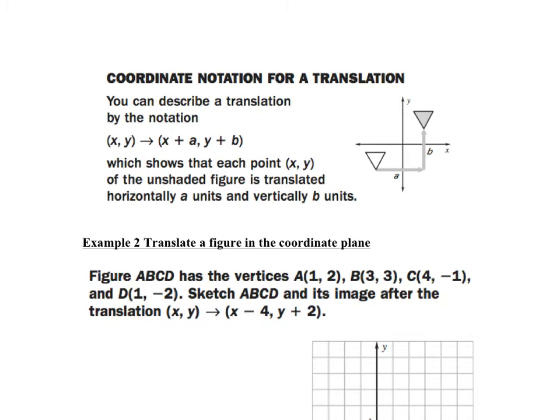Coordinate notation is written (x, y) such that (x + a, y + b). So it's telling you what every point is doing, moving or translating horizontally a number of units and vertically b number of units. If it's a subtraction, then it's going down or to the left.